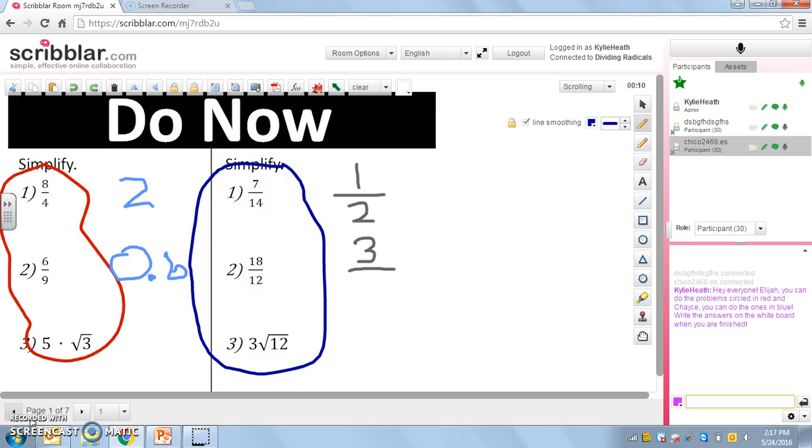Elijah, is there any way you can change that to a reduced fraction? Very nice job. Thank you, Chase.